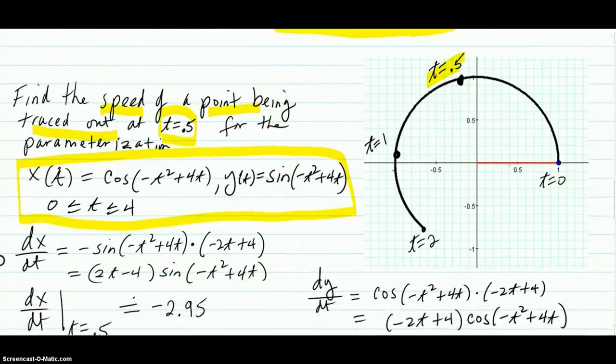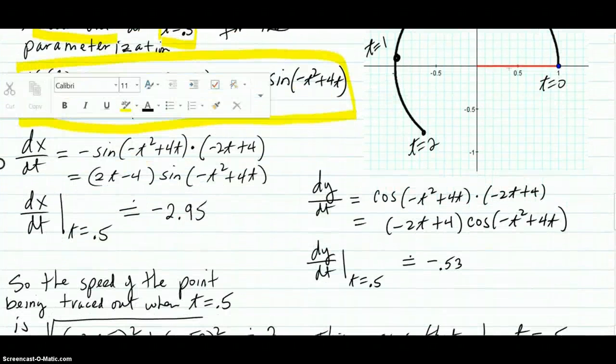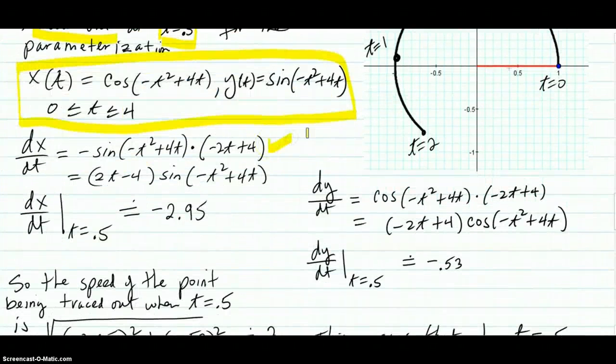So we do our dx/dt, clean it up a little bit, evaluate it at 0.5, plug in 0.5 for t, and you get approximately this value, negative 2.95. dy/dt, take the derivative, we're using the chain rule there, clean that up, evaluate it at 0.5, and you get this.